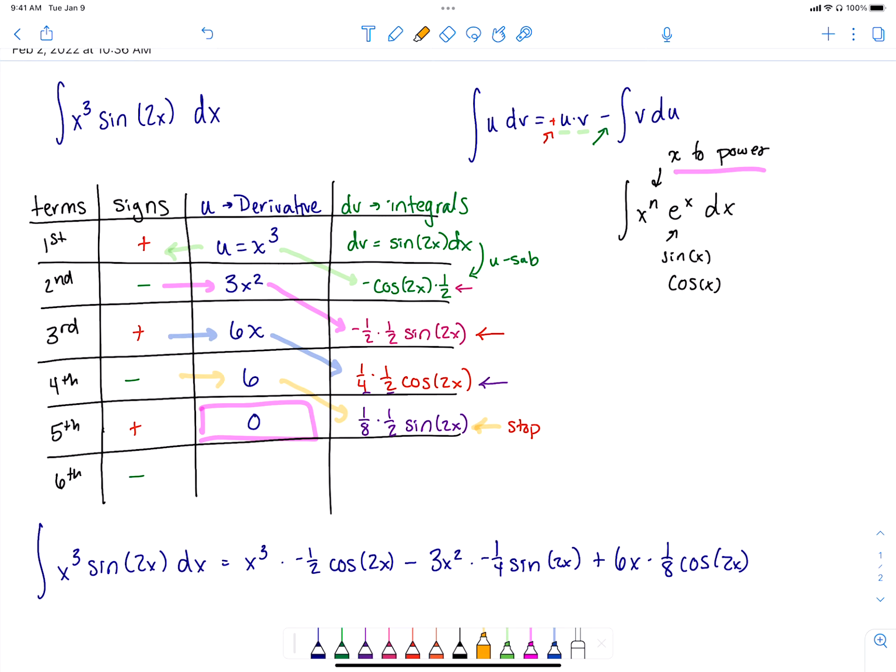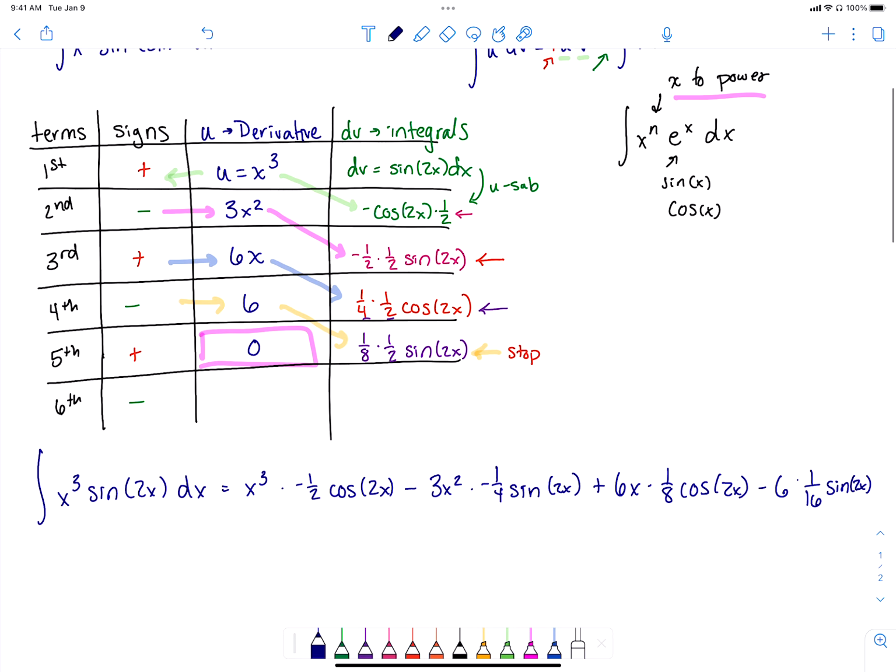So we are going to get minus 6 times 1/16 sine of 2x. Oh boy. And then we stop at 0 because it would be a positive term, but we would get 0 times, it doesn't matter what's sitting here because we would get 0, and that's the end of our integral.